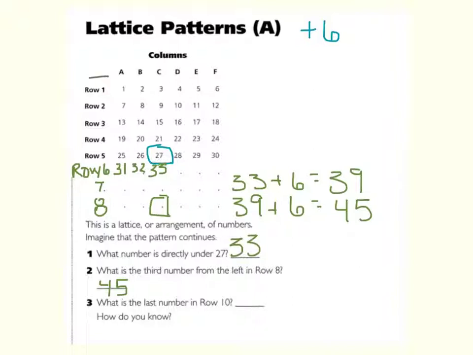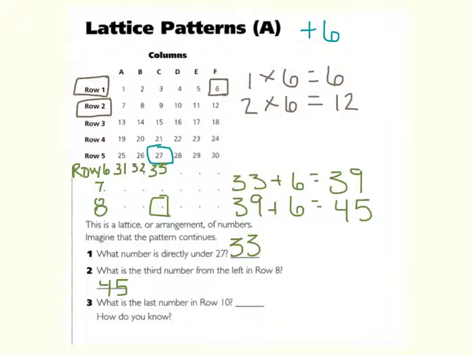If we look at row 1, it ends in the number 6 because there are 6 columns. So one row with 6 columns would end in the number 6. If we continued the pattern, row 2 would end in 12, which it does.